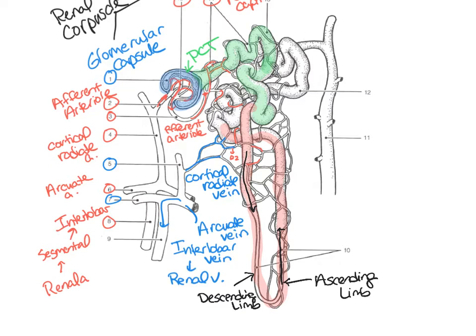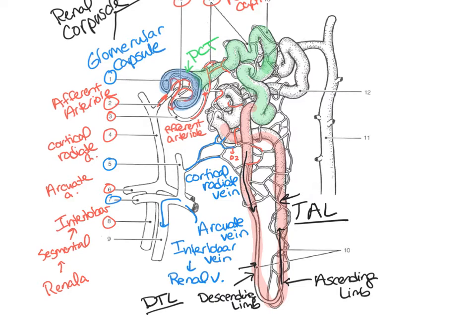Mostly what we'll be talking about is the descending thin limb, or the DTL, which is thin, and the ascending thick limb, or the thick ascending limb, which is right there. So we'll be talking about the DTL and the TAL as we go through here. And I'll be sure to actually not just use the abbreviations, I will use the actual terms.